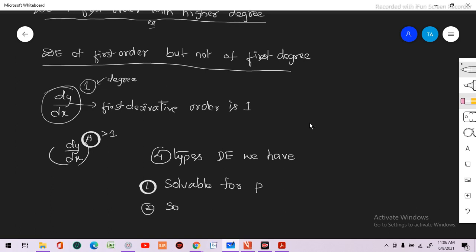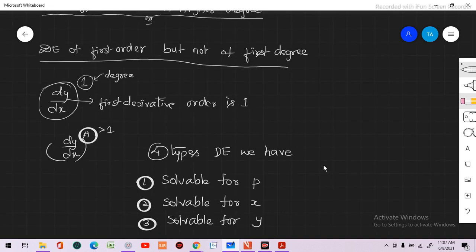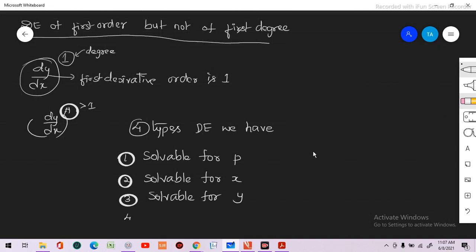Second is solvable for x, third is solvable for y, and the fourth one is Clairaut's form. How many types do we have? There are four types. One is solvable for p, second is solvable for x, third is solvable for y, fourth is Clairaut's form.